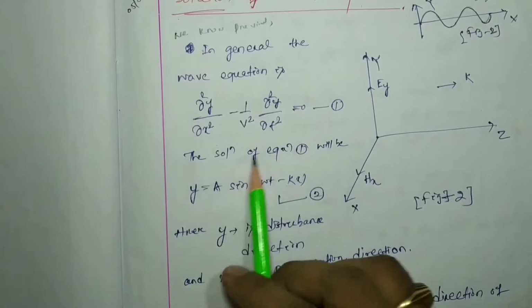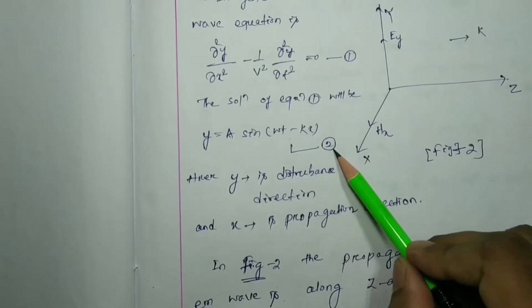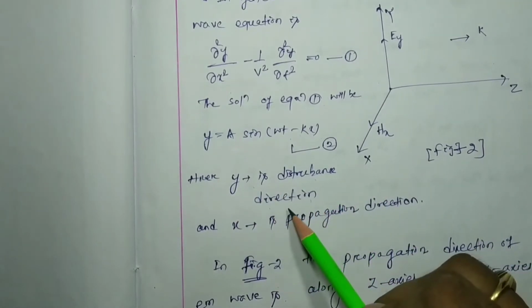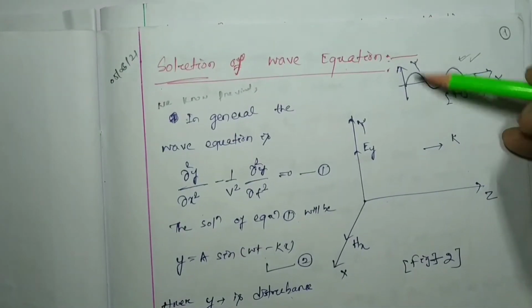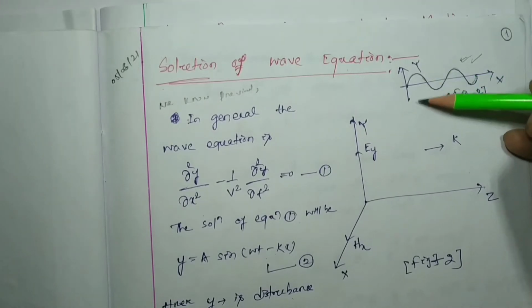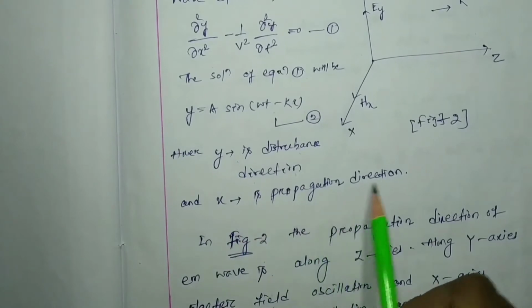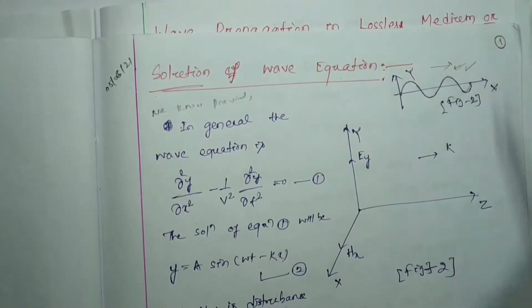It can be written as y equals A sine of omega t minus kx. Let this be equation number 2. Here y is the disturbance direction, meaning the way it oscillates, along the y axis, and x is the propagation direction, along which the wave is propagating.